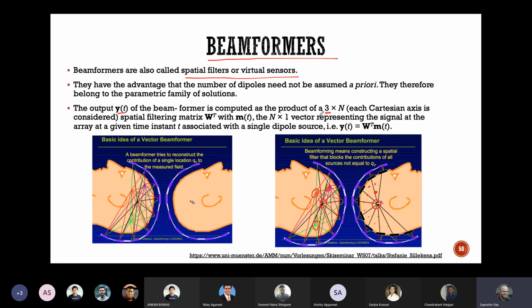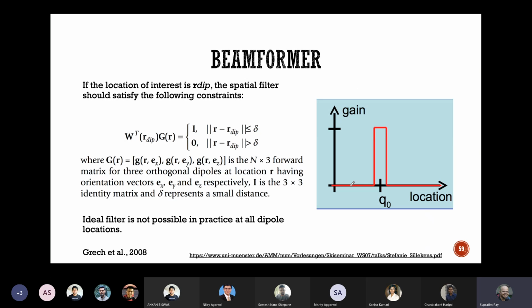And I'm going to multiply it with my n cross 1 voltage sensor data. Here m is like V, previously used V. So the output y is just a 3 cross 1 vector. It's just the value along the 3 dimensions at a particular location. But it has to satisfy this condition.